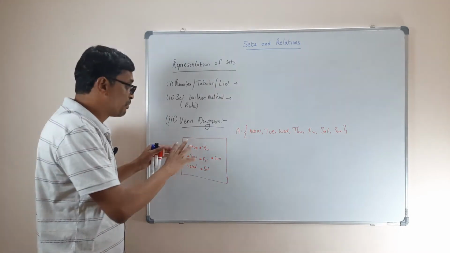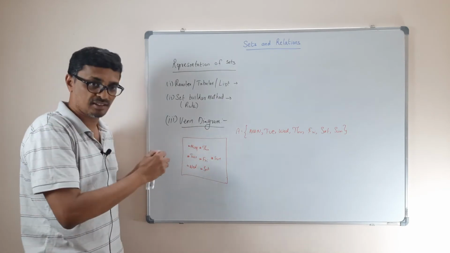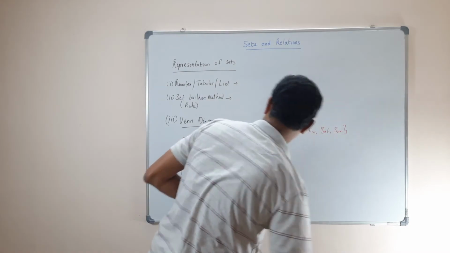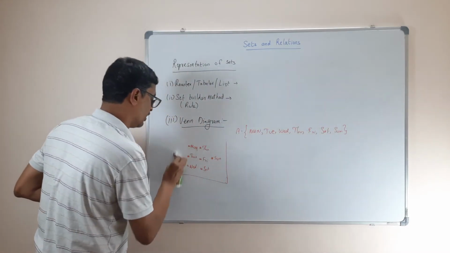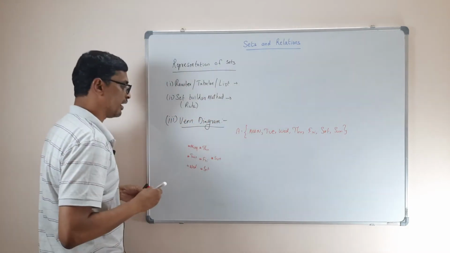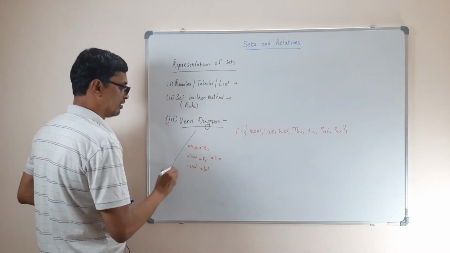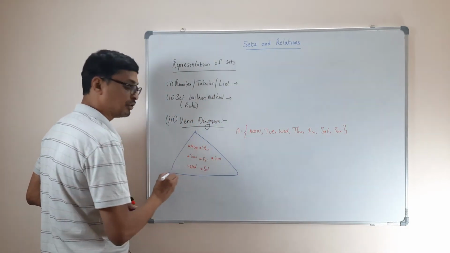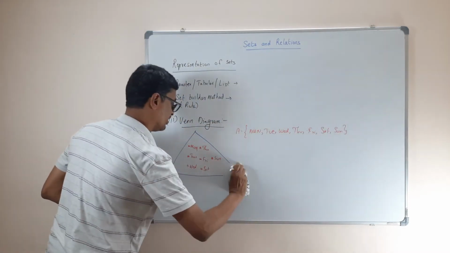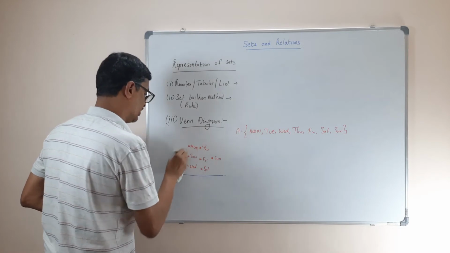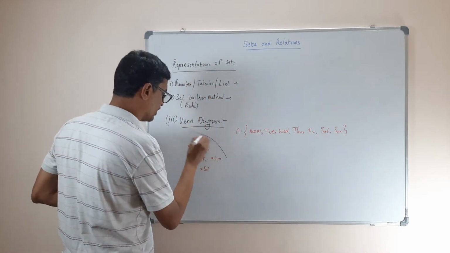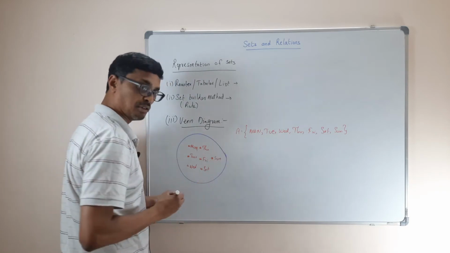You will see it when I put the elements into the box. Now why do you need the box to be a square? I don't want the box to be a square. You can put it in a triangle, it's also allowed. You can draw it in a circle, that's also allowed.